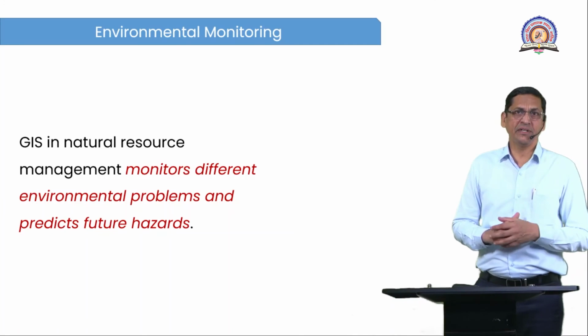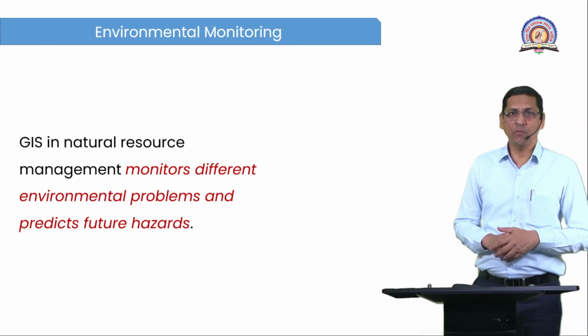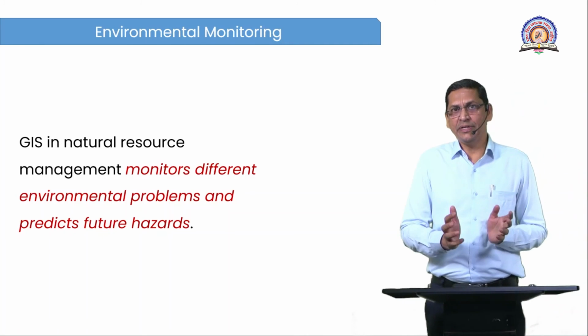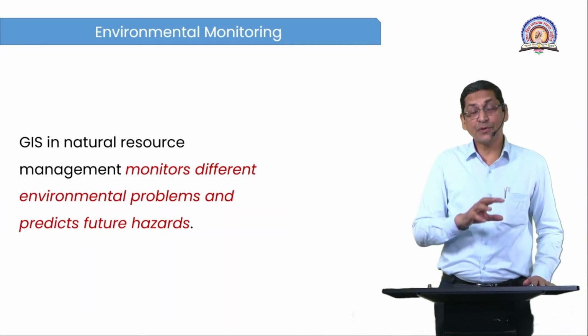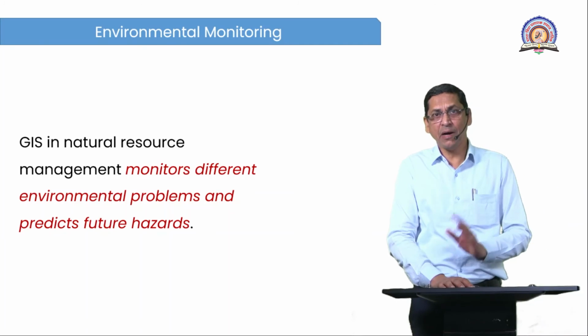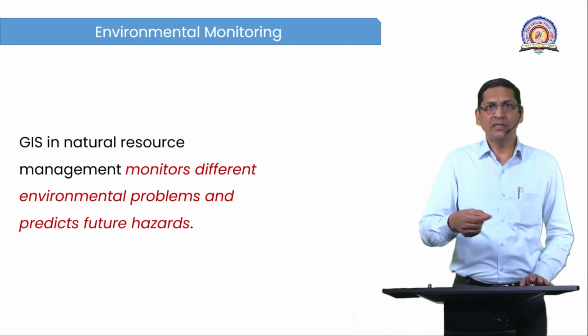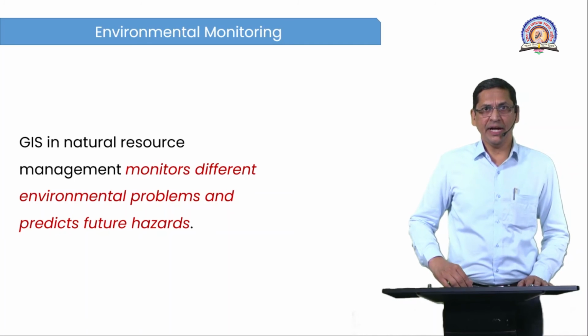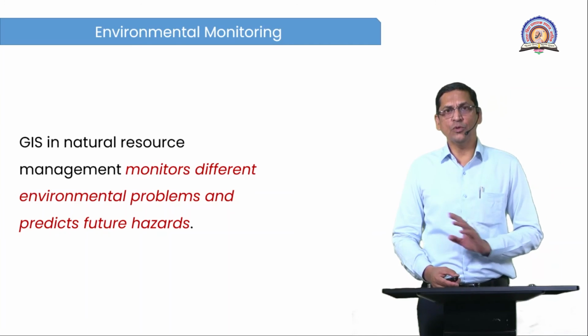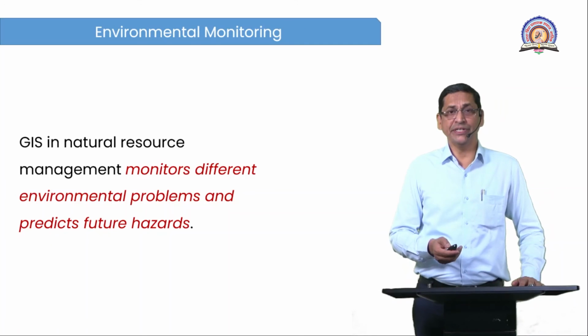If we interpret the maps by using modern techniques, or if we take the reference of the stored past data, we can predict a little bit about the future. And in this way, GIS can be used in environmental monitoring.